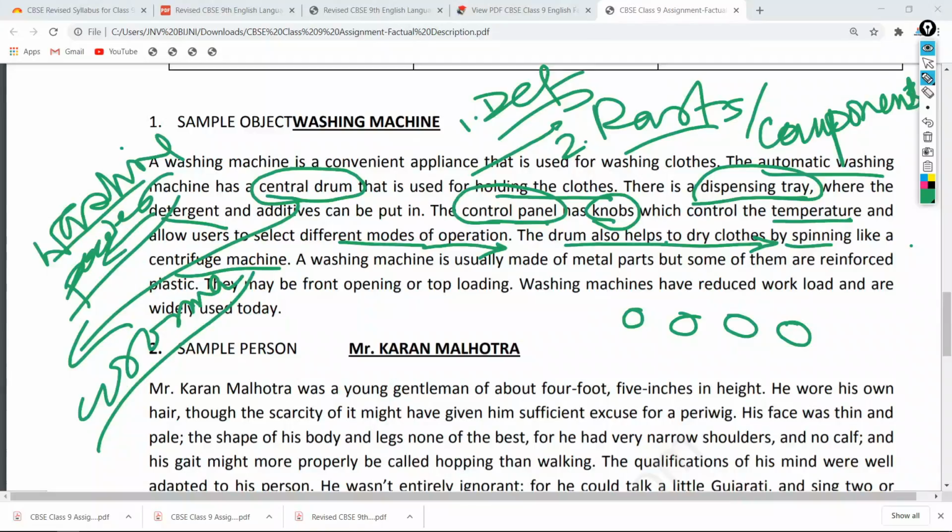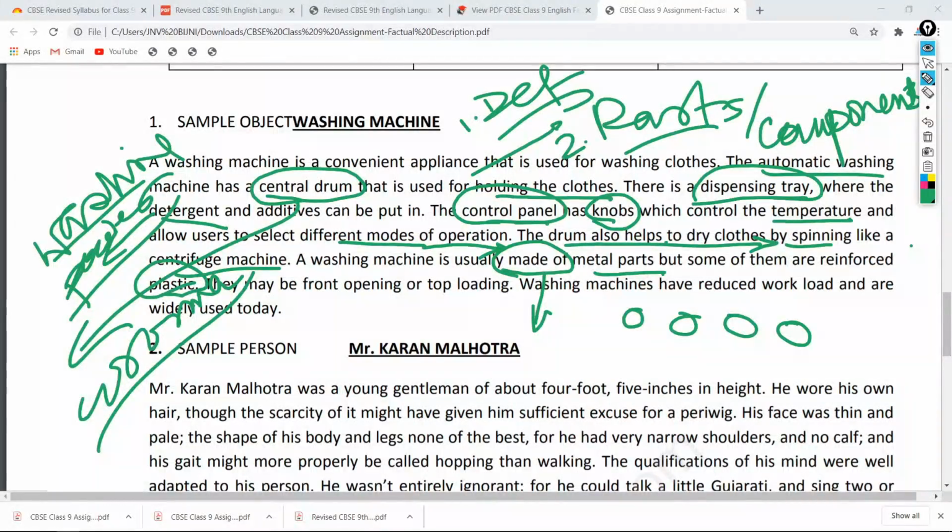A washing machine is usually made of metal parts. Now, how is it made, that is, manufacturing? It is made of metal parts, but some of them are reinforced plastic, particularly the outer parts. The body of it is plastic.